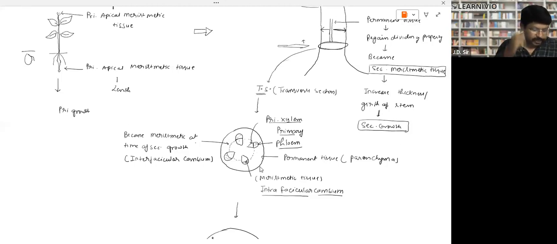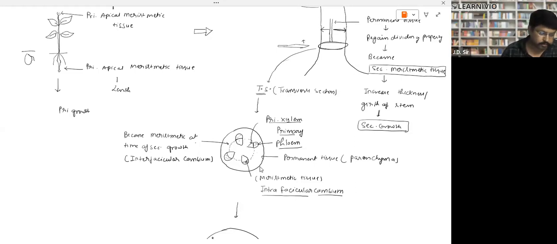Put the main heading: Secondary growth. Secondary growth in dicot stem, because in monocot stem, secondary growth does not take place.